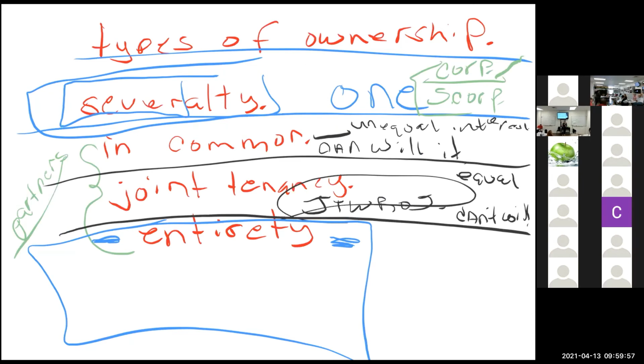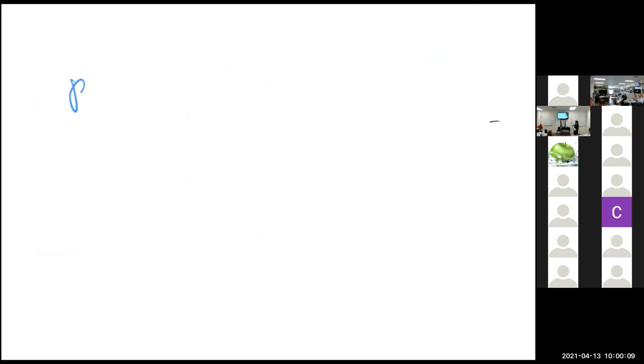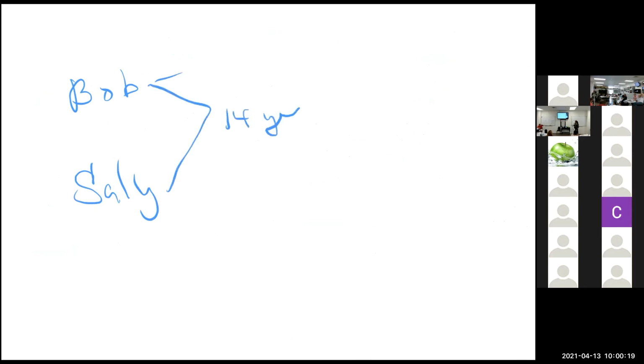Let's say Bob and Sally grew up in the same small town together, and they got married when they were 14 years old. Can they sign documents now and have it be valid? Yeah, that's right. Married minors can sign contracts. That's the first thing this question is going to test to see if you know.